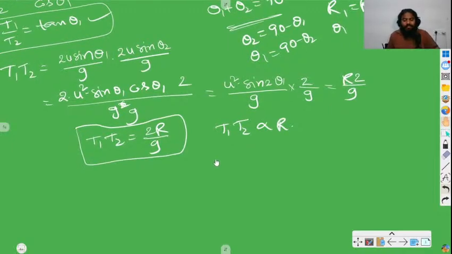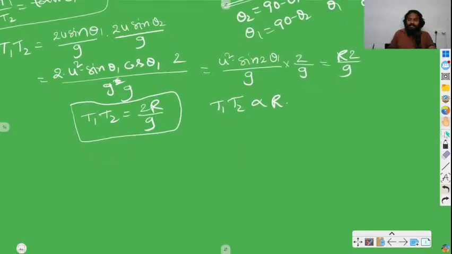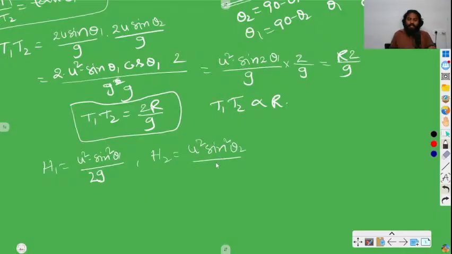And next, coming to one more relation. For example, there are two heights. What is h1? h1 is equal to u square sine square theta 1 by 2g, and h2 is equal to u square sine square theta 2 by 2g, right? Now you can write sine square theta 2 as cos square theta 1, as we have done already before, so h2 is u square cos square theta 1 by 2g.